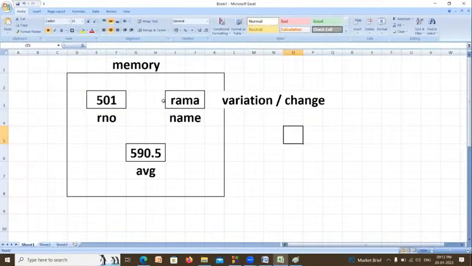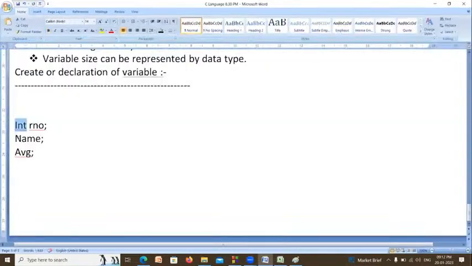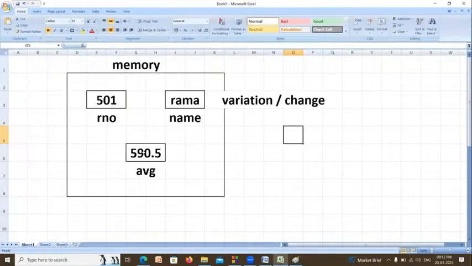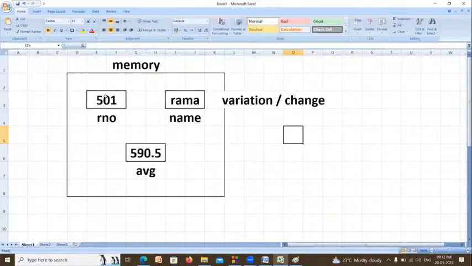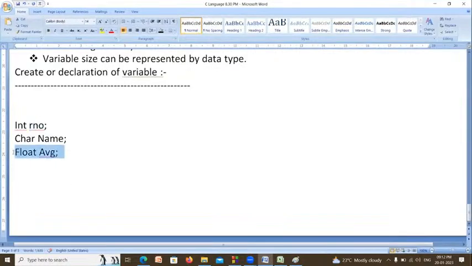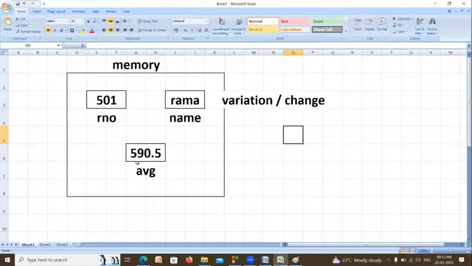The second variable contains characters, so we need to mention char here. Char means character. The third variable has a floating point value, so you need to mention float here.